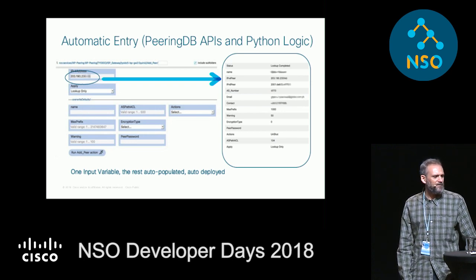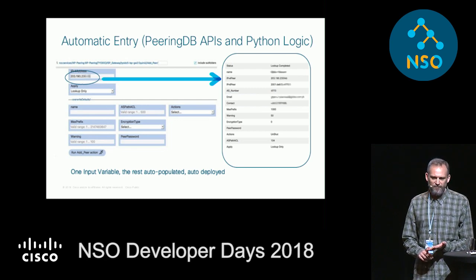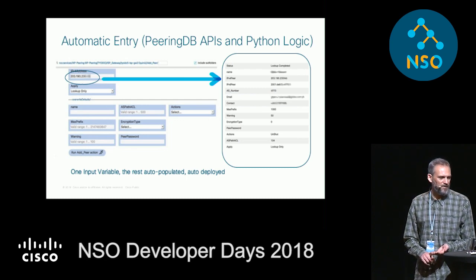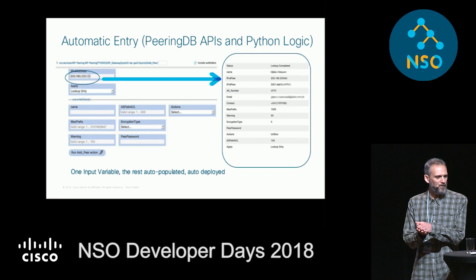One of the things that we found was if we provided the v4 address for a particular client that we knew we were going to peer with, we could provide that into the PeeringDB API, and we could pull out all of the other variables that we usually enter by hand into the system.